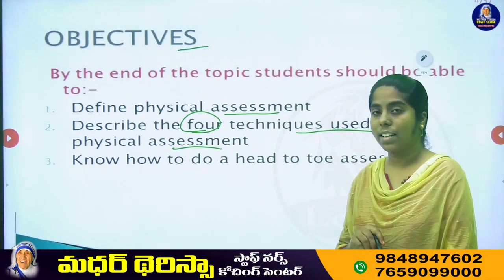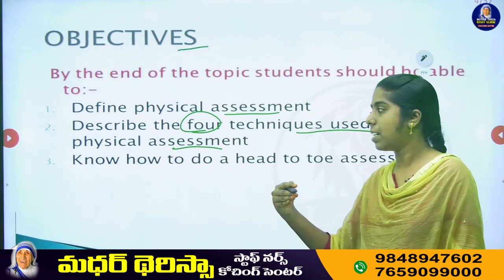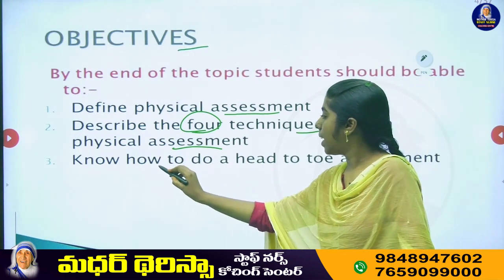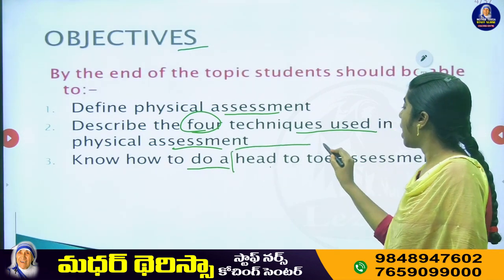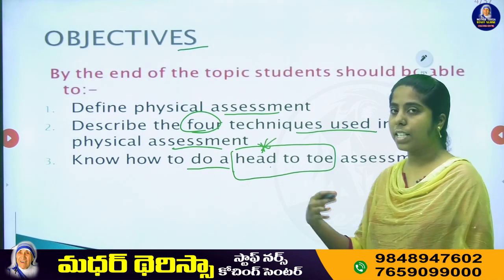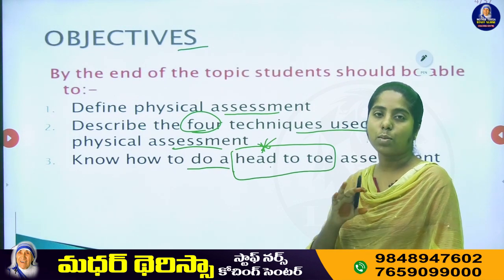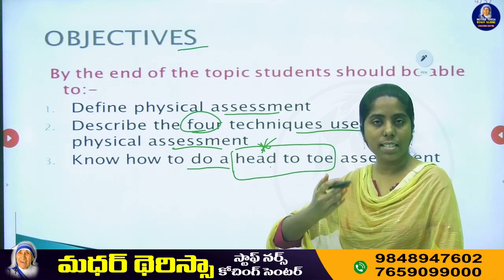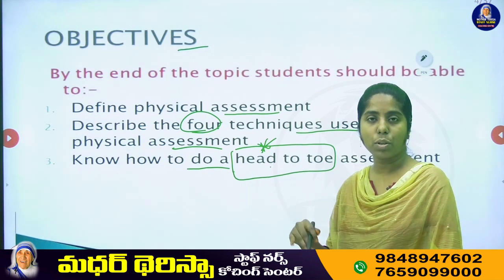Here in physical assessment, there are 4 techniques, which we'll discuss in the next slides. To know how to do a head to toe assessment, which we also discussed in the health history part in a general examination, I'll discuss in detail how to examine each and every part from head to toe in the next slides.